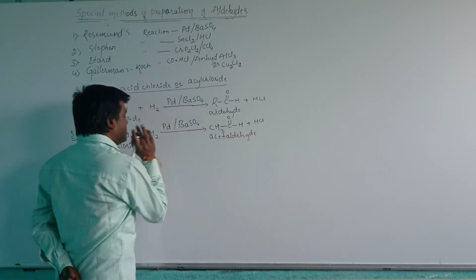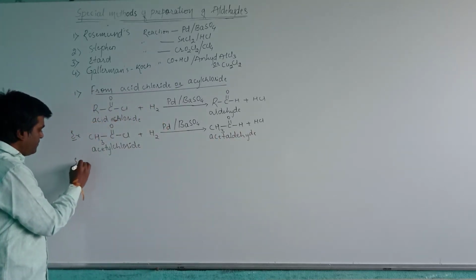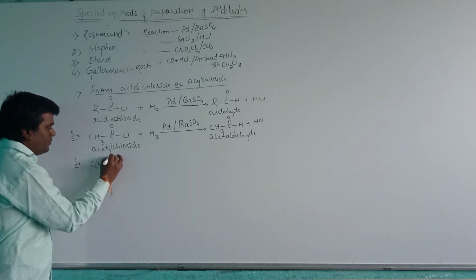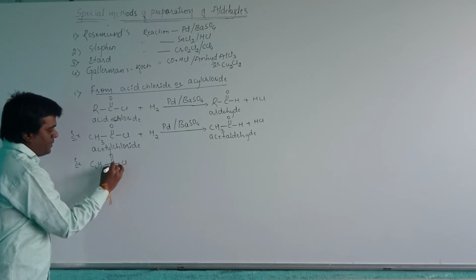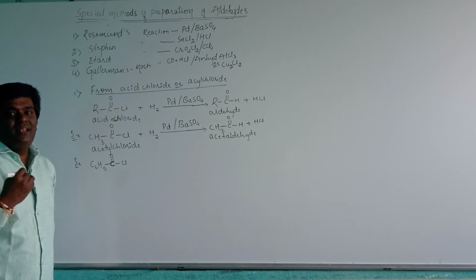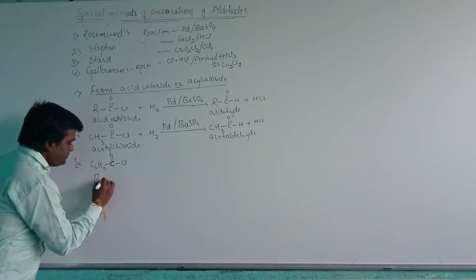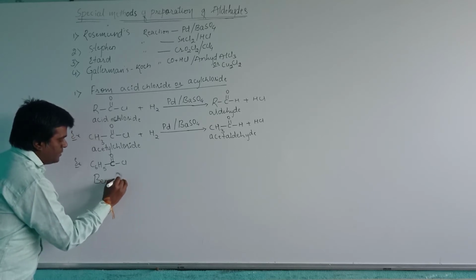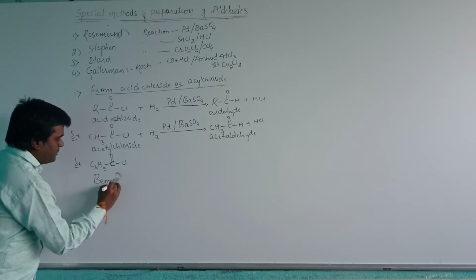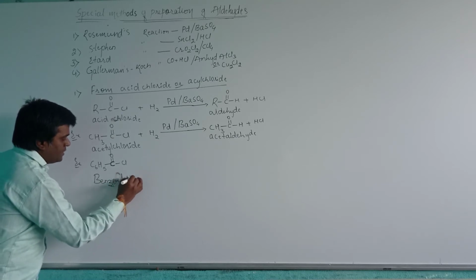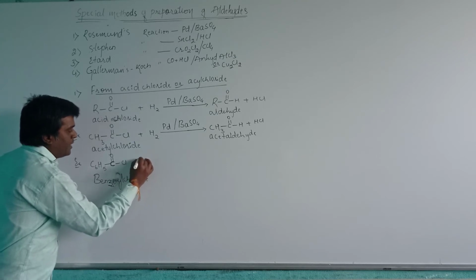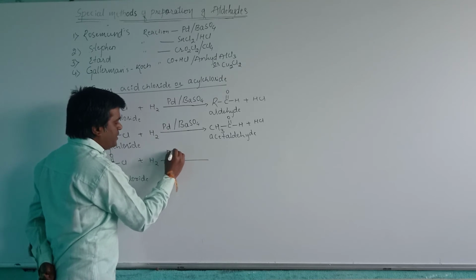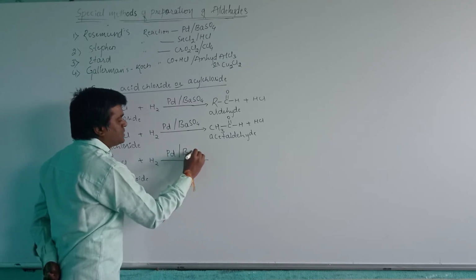This is about the aliphatic chain. And the next example, C6H5 C double bond OCl. The compound name is benzoyl chloride. This benzoyl chloride undergoes reduction in the presence of palladium suspended over barium sulfate.